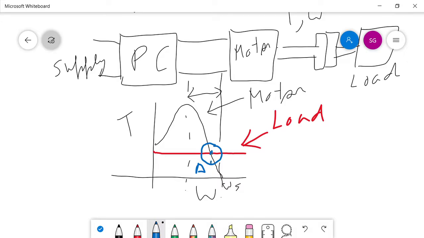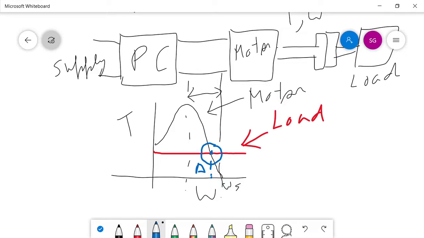Before this speed, the torque supplied by the motor is higher than the load, and after this speed, the motor torque is lower than the load. So it is not matching, in a sense.